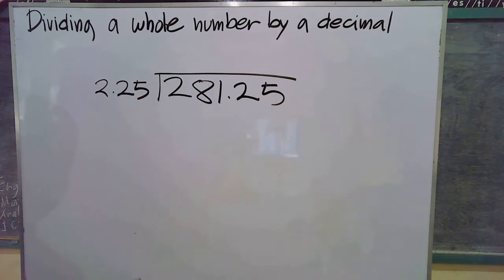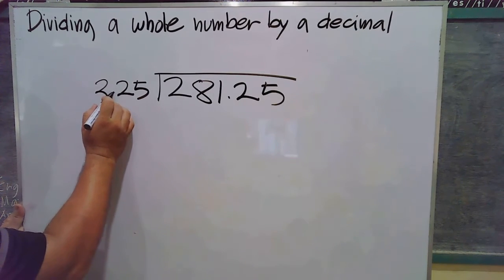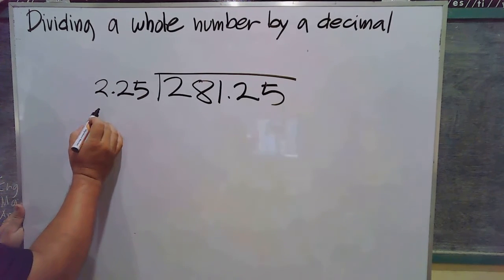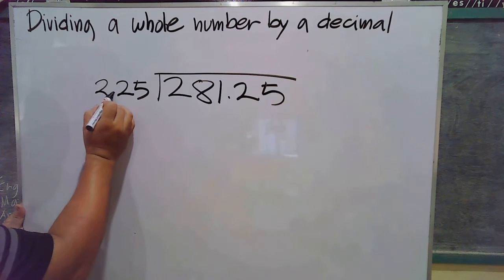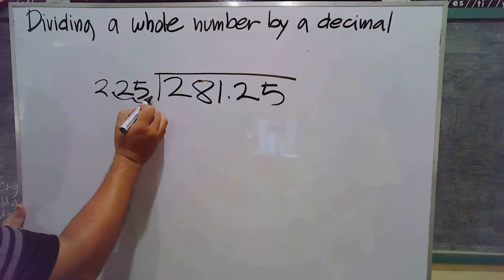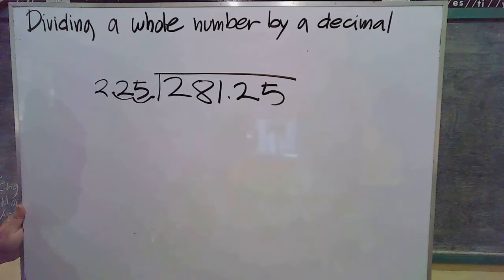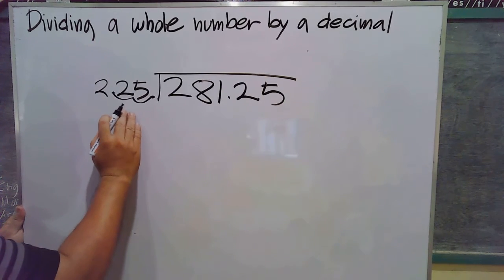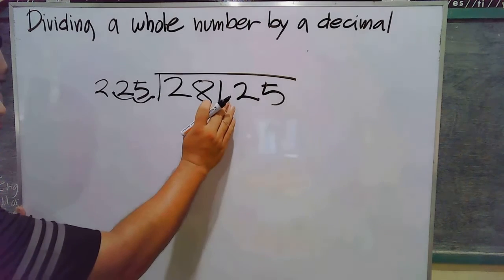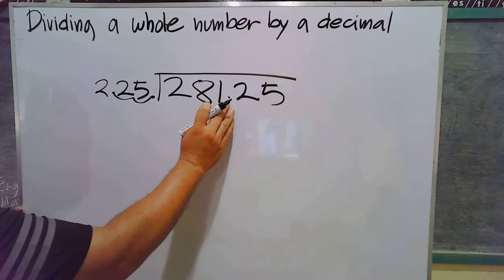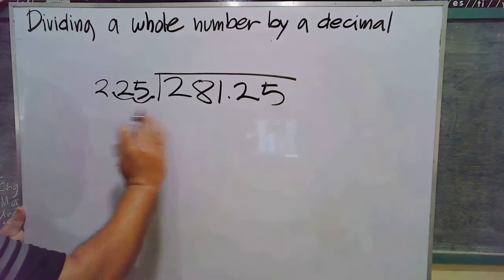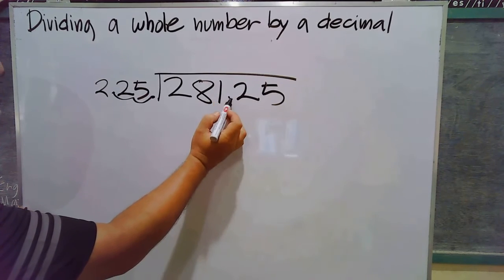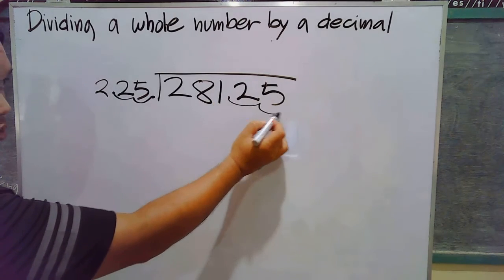If we transfer this decimal point to the rightmost, we need two steps. 1, 2. Because we made two steps here for our divisor's decimal point, we're gonna need two steps also to make them equal. So from here we need two steps. 1, 2.